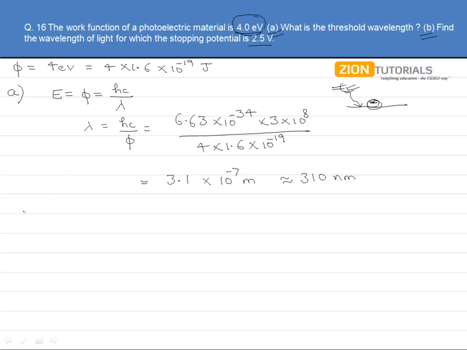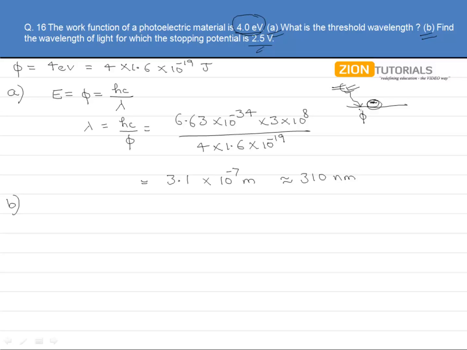Now coming to the B part of this question, in which we need to find the wavelength of light for which the stopping potential is 2.5 volts. Now as the wavelength of this light wave reduces, the energy of this light wave increases, which means it has overcome the work function of this material.